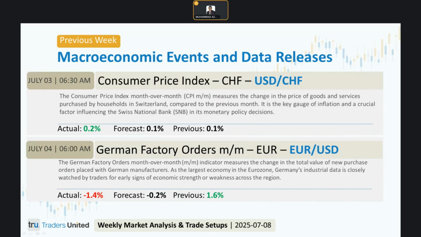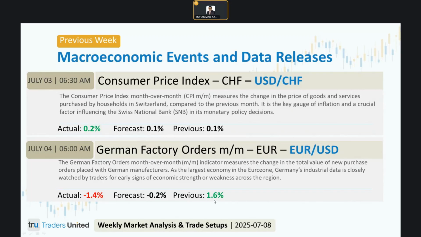Stronger than expected factory orders signal healthy industrial demand, improved business confidence, and prospects for future production, all supportive of the euro. A weaker print, however, points to slowing momentum and may lead to expectations of monetary easing from the European Central Bank, also known as ECB, pressuring the euro.